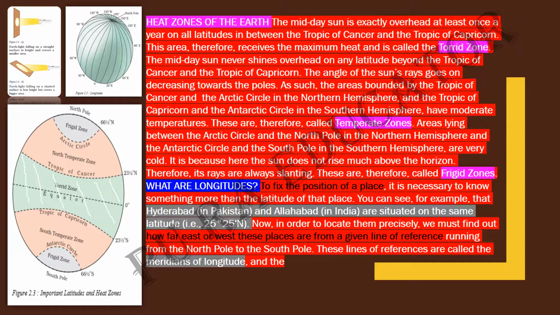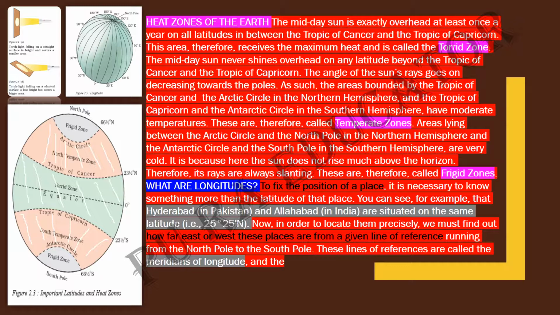Now friends, the other area: the area between Tropic of Cancer and Arctic Circle, this area is the North Temperate Zone, and the area between Tropic of Capricorn, as I am drawing here, and Antarctic Circle is known as the Southern or South Temperate Zone.